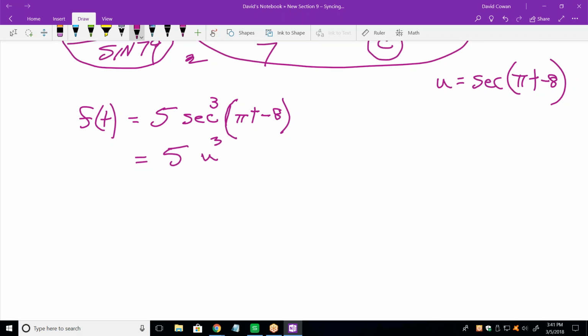Yeah. We know how to take the derivative of that. The derivative of that would be 15u squared times du dt. So let's figure out what du dt is.